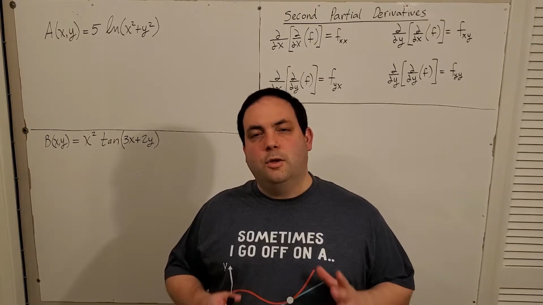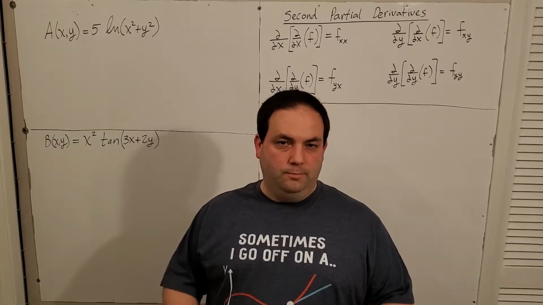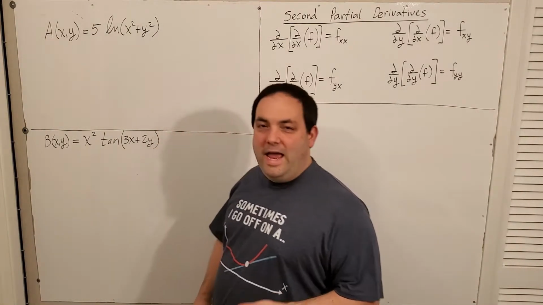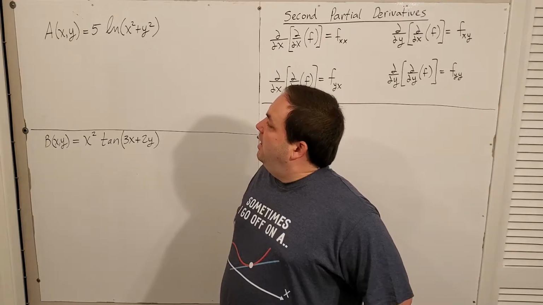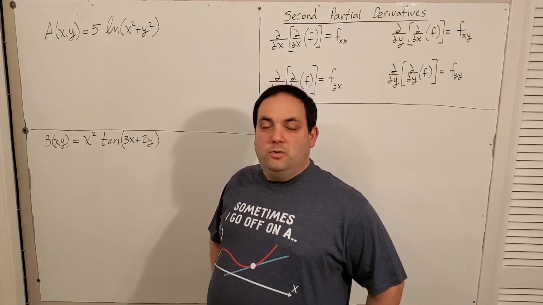Time to practice partial differentiation some more. Okay, so let's take a look at a of xy, which is 5 times ln of x squared plus y squared.